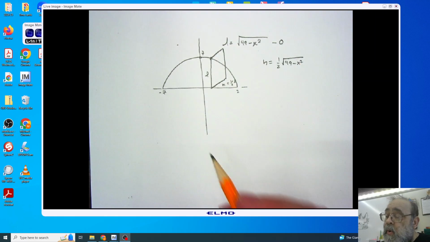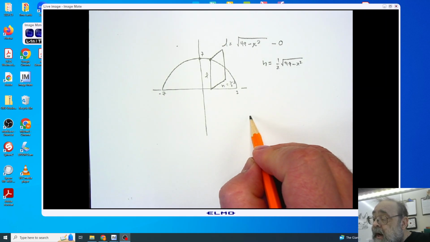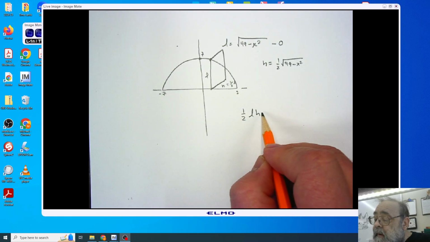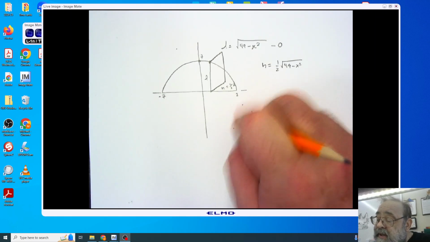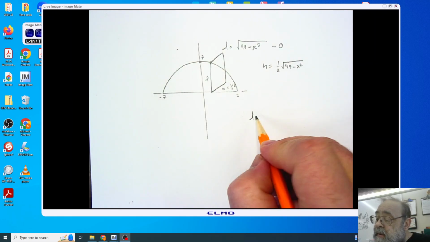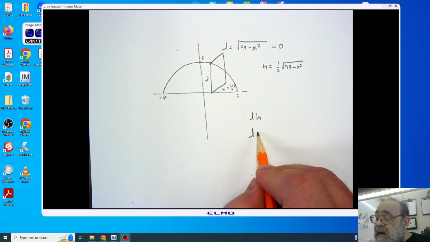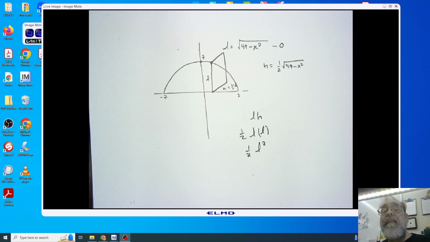Now at this point, I'm going to work with the area of this rectangle. Length times height, and we're going to have 1/2 of our length, so I'm going to replace that. I can do it in 2 steps if you want. Let's do it in 2 steps. The length times height, which is going to be the length times 1/2 of my length repeating itself, so that's going to be half of my length squared.